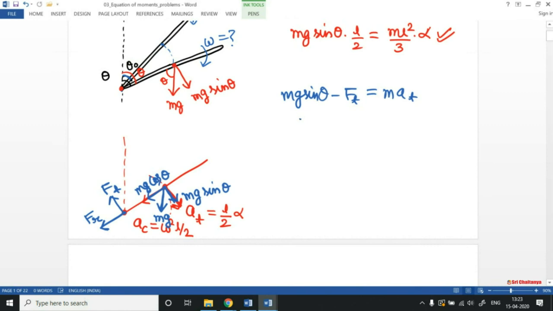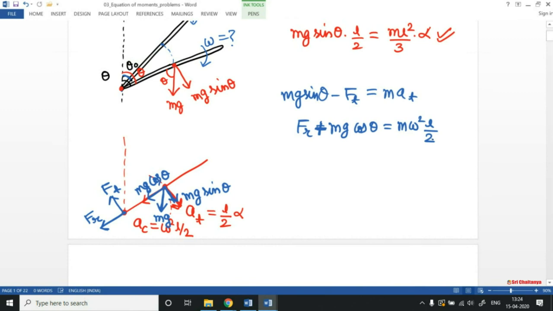And along the radial direction, fr plus mg cos theta would be the force over here, and that would be mass times centripetal acceleration, m omega square L by 2.